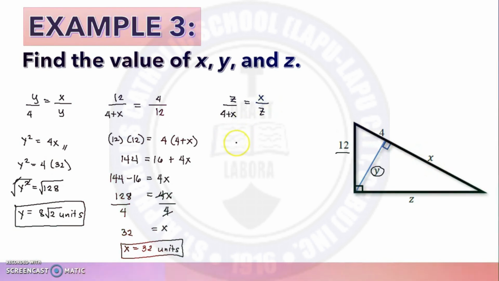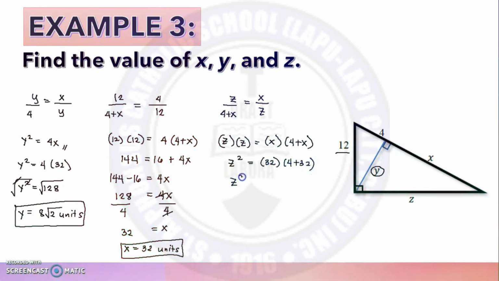Then we will move on to our simplification. So cross multiply, class, it will become z times z and x times (4 plus x). And luckily, we already have the value of x, which is 32. So we'll just substitute 32 for our x here. So 32 times (4 plus 32).